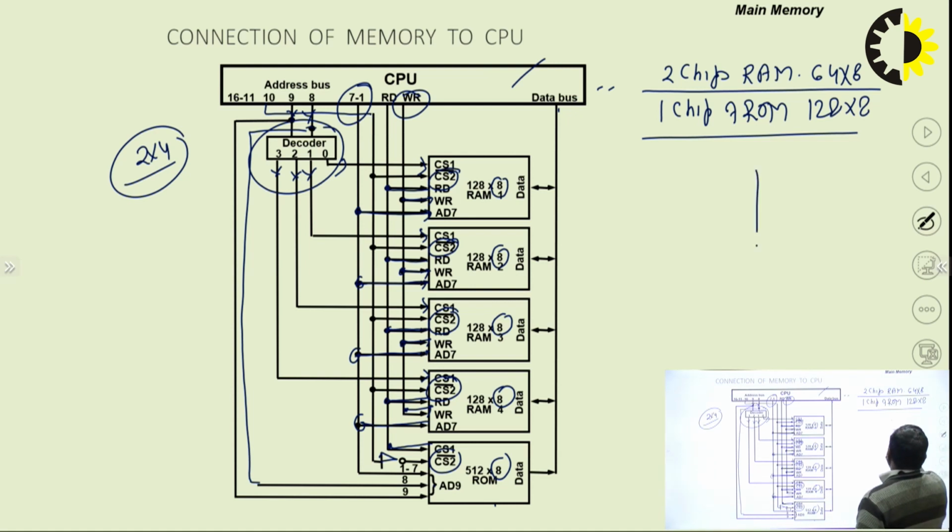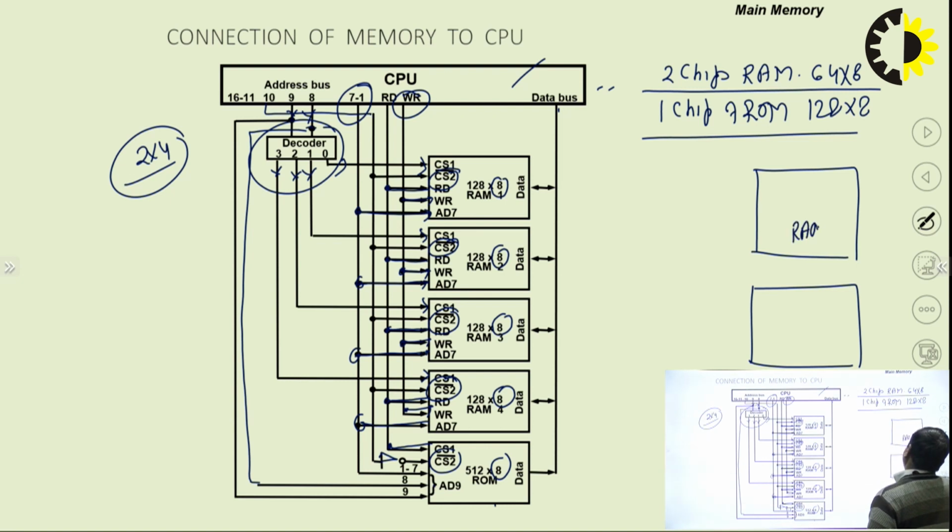Here we draw the 2 RAM chips, that is RAM 1 and RAM 2. What is the size? 64 cross 8, and here also 64 cross 8. What is the function of the RAM? I have already discussed: CS1, CS2, read, write, data and address.